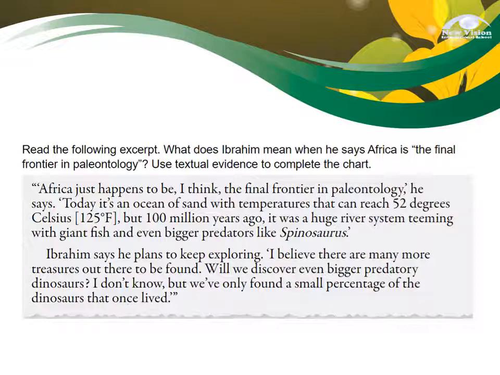But 100 million years ago, it was a huge river system teeming with giant fish and even bigger predators like Spinosaurus. Ibrahim says he plans to keep exploring. I believe that there are many more treasures out there to be found. Will we discover even bigger predatory dinosaurs? I don't know, but we've only found a small percentage of the dinosaurs that once lived.